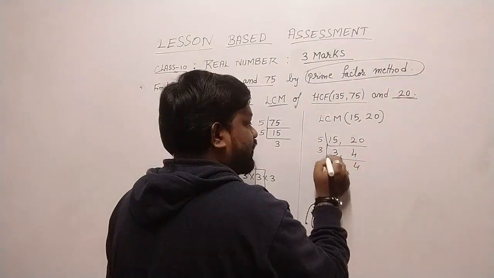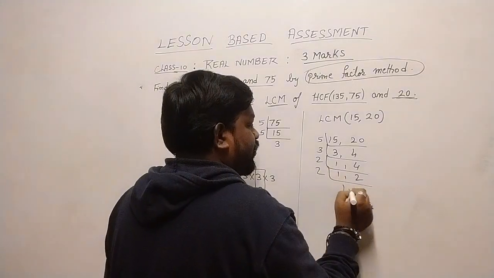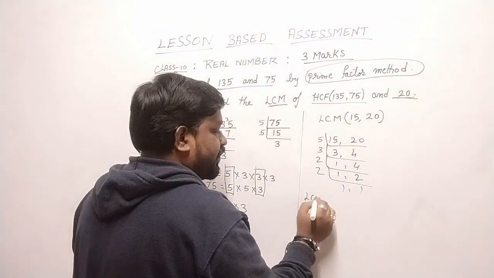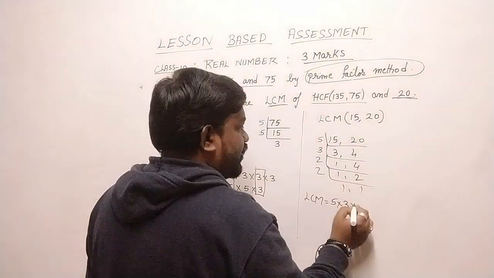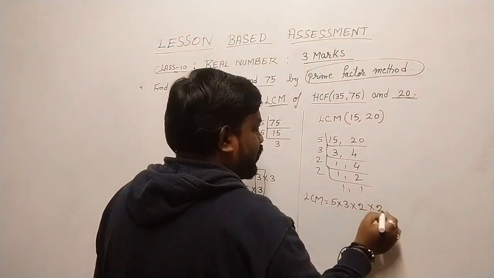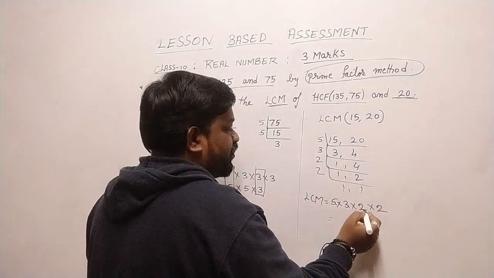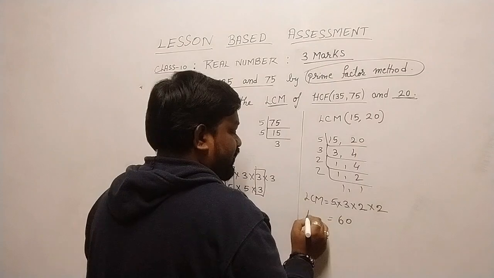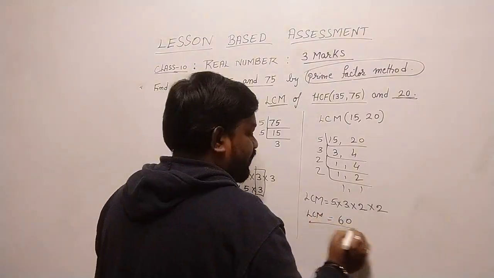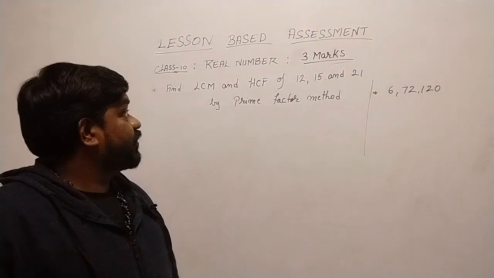Again 3 ones are 3, 2 twos are 4, 2 ones are 2. LCM will be 5 into 3 into 2 into 2. 5 threes are 15, 15 twos are 30, 30 twos are 60. LCM is 60. Next question.